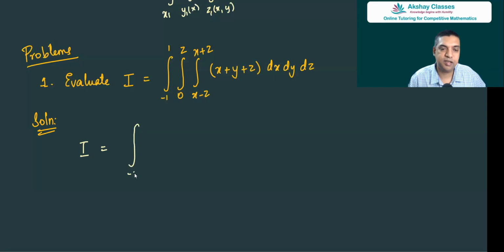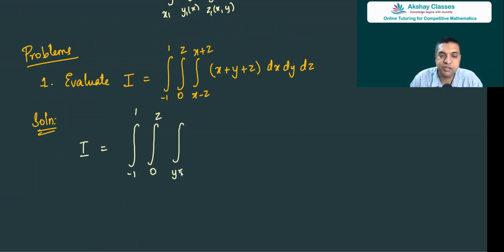So integral -1 to 1, integral 0 to z. Then this is y, it is not mentioned, but the lower limit of y is x minus z and the upper limit is x plus z, of x plus y plus z dy.